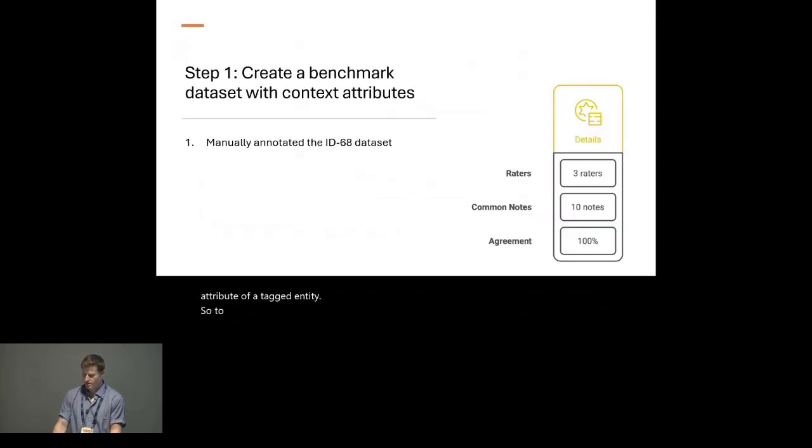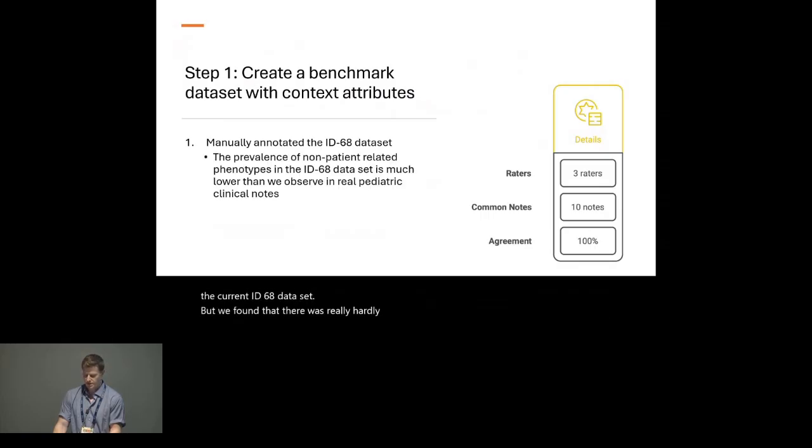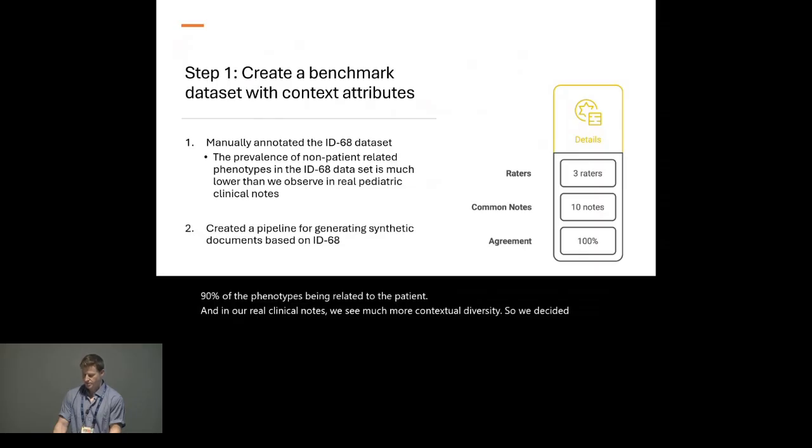To create a benchmark data set with context attributes, we started by manually annotating the current ID68 data set, but we found that there was hardly any diversity in the context attributes, with over 90% of the phenotypes being related to the patient. In our real clinical notes, we see much more contextual diversity. So we decided to make a corpus of synthetic documents that are based on the ID68 notes that have more contextual diversity.